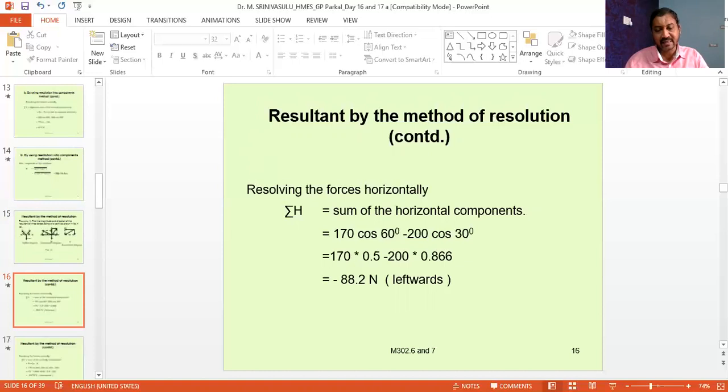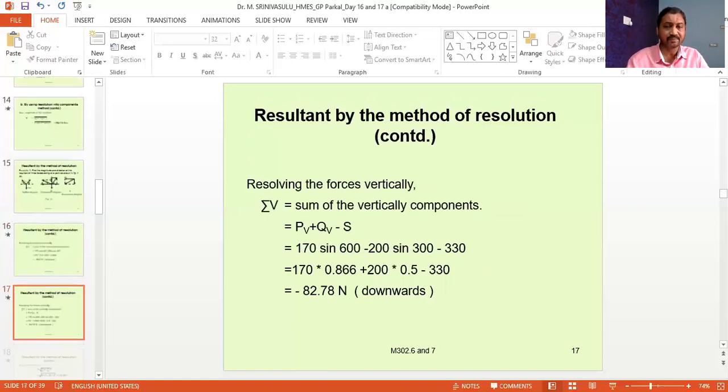So sigma H is equal to minus 88.2 newtons. Here we got a negative sign because the algebraic sum of the force is acting in the negative x direction, that is leftwards, that we must note.